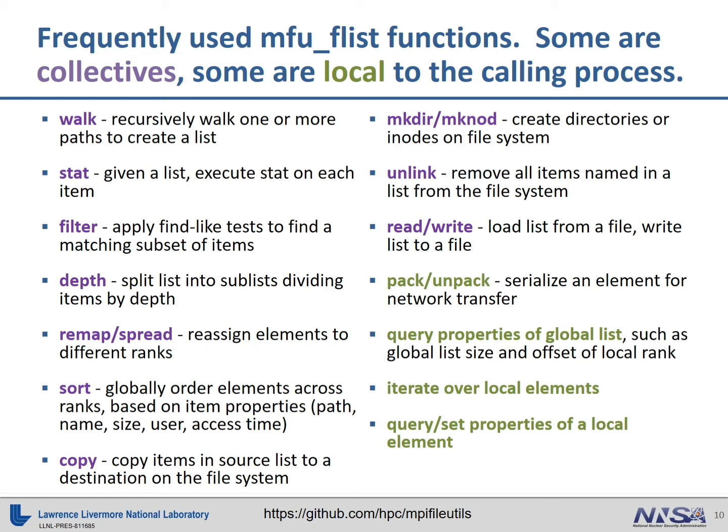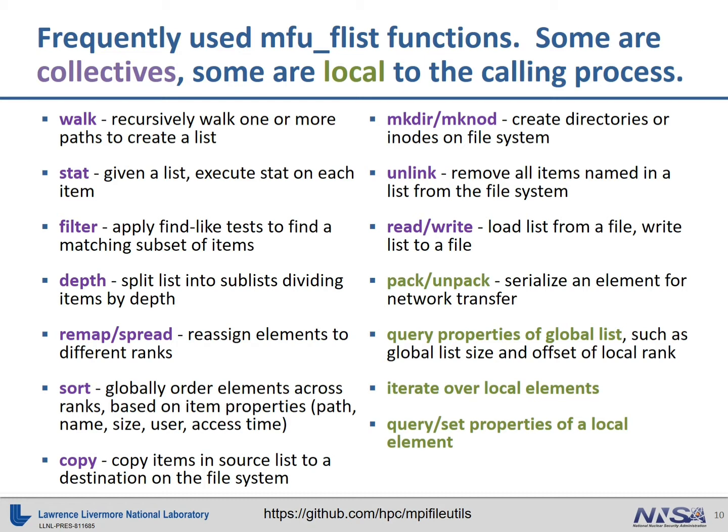Depth is a way to split an initial list into sublists, depending on the depth of each item within the file system. Remap and spread are ways to reassign elements to different processes. The same with a sort. Copy, makedir, and make node are used when you're trying to copy a source directory into a destination location. Unlink is a way to remove a set of files or items from the file system.